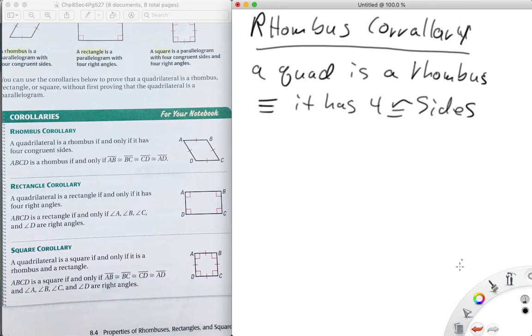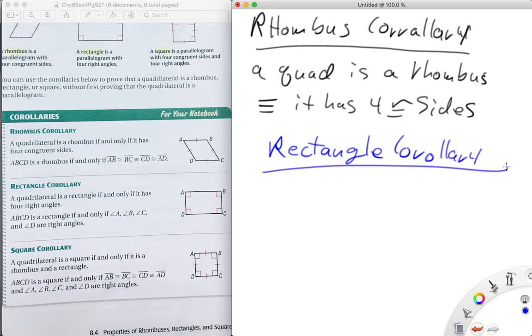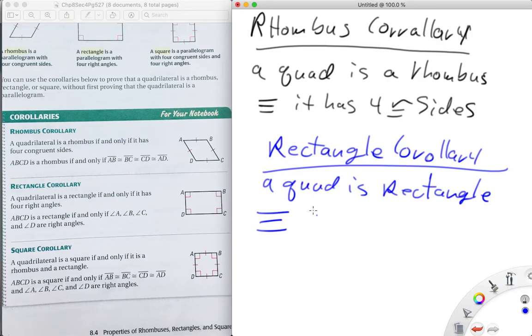Alright, rhombus corollary. Then you have the rectangle corollary. And again, it's just a definition. A quadrilateral is a rectangle if and only if it has 4 right angles.